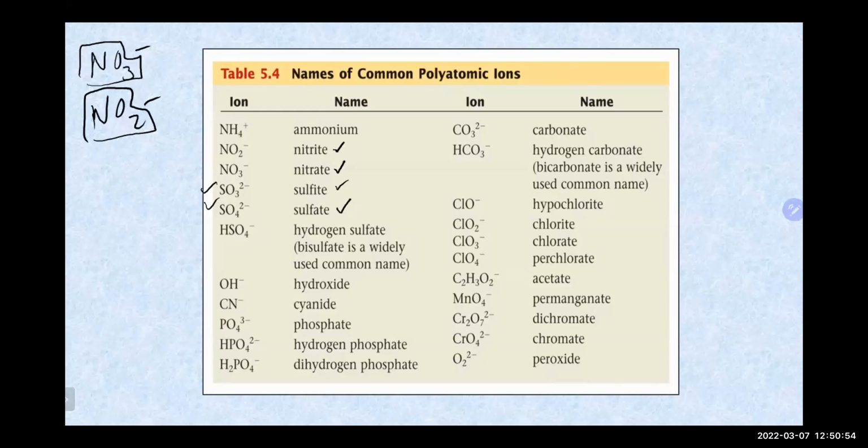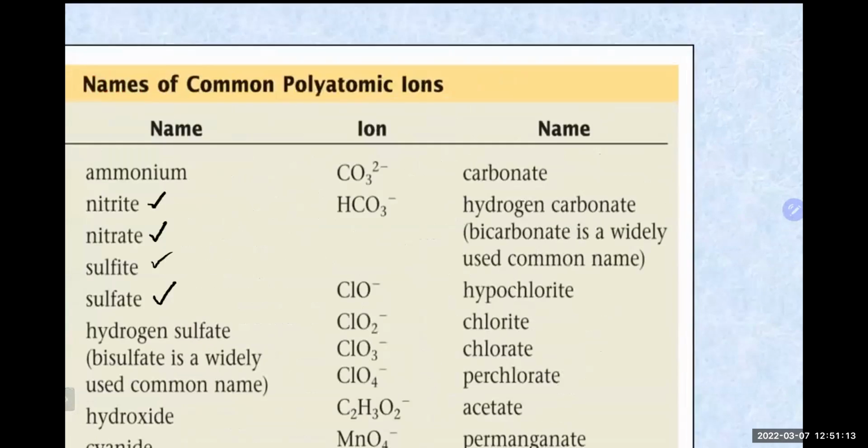You could use a Roman numeral and a prefix at the same time, but that's the only spot where that would occur. And it's really because that's the name of the actual polyatomic ion.